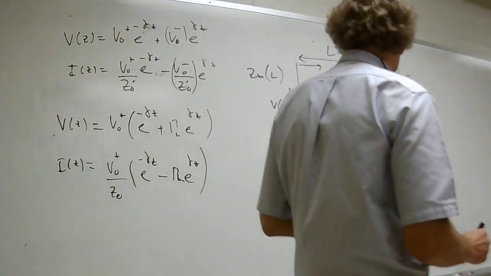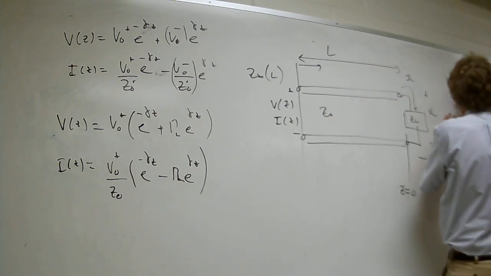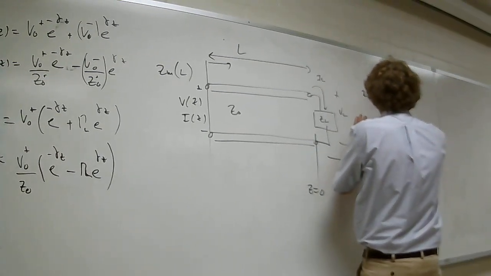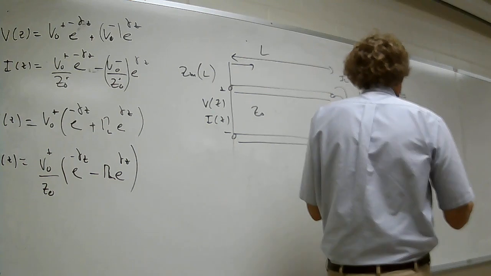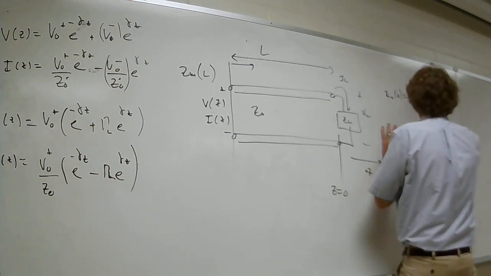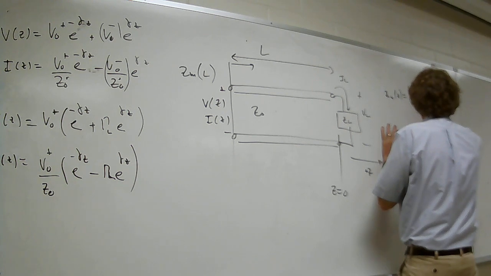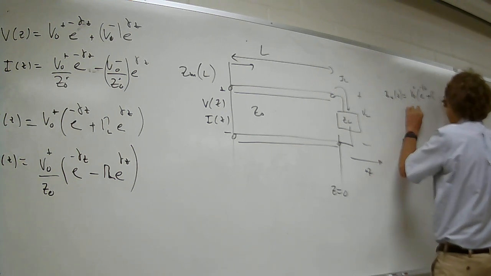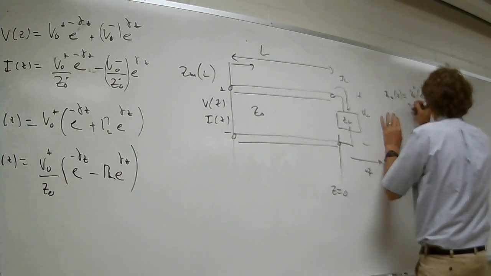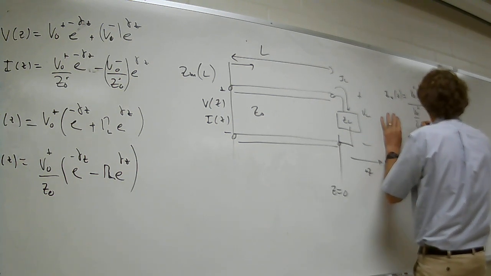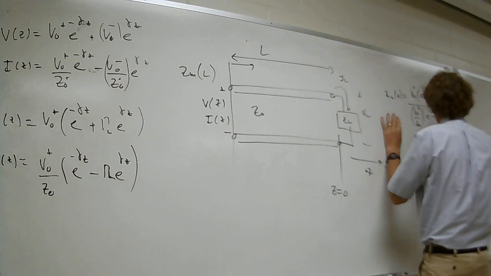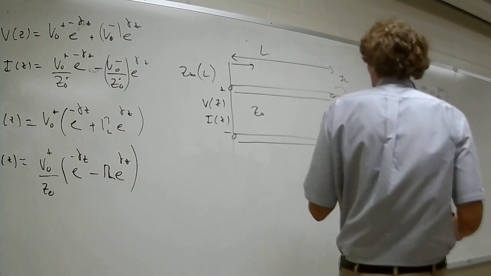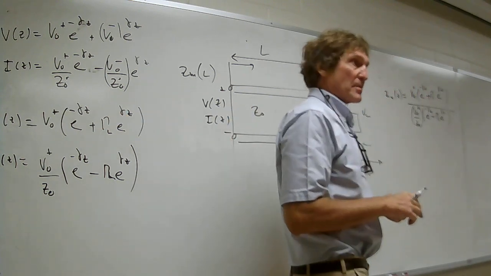So I'm going to say the impedance at any point on the line, Zin as a function of Z, would be equal to V0 plus times e to the minus gamma Z plus the reflection coefficient at the load times e to the plus gamma Z, over V0 plus over Z0 times e to the minus gamma Z minus the reflection coefficient at the load times e to the plus gamma Z. Now, I've written it there so you just see it. Everybody okay with that?